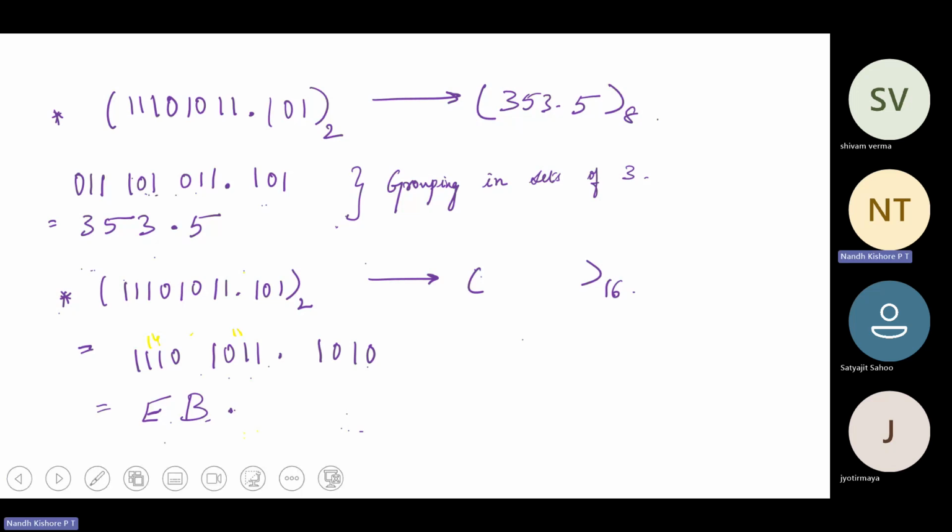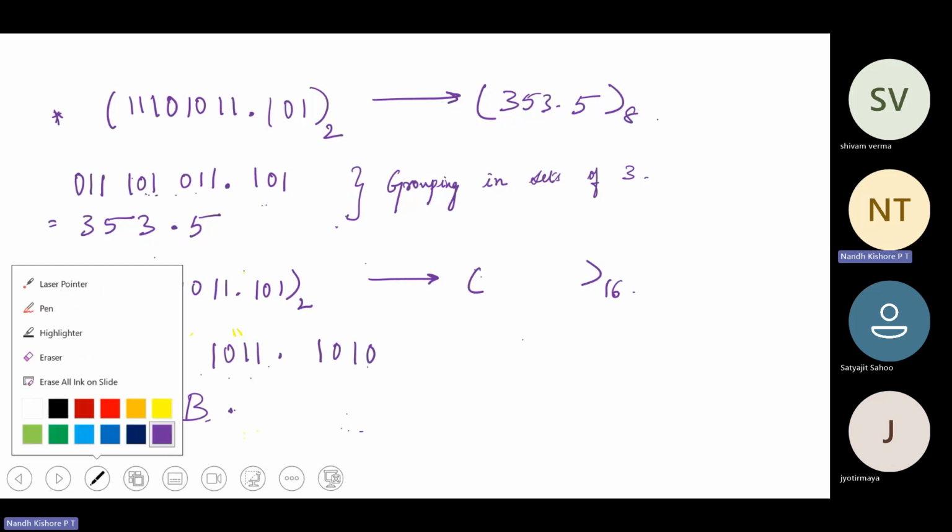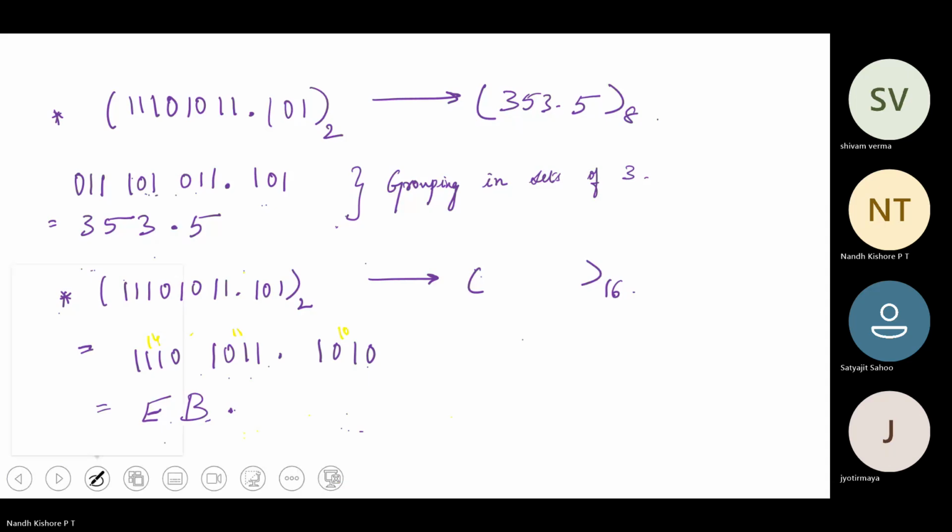And 1010 is going to be your number 10, so this is your number A. So in hexadecimal, your number is EB.A.